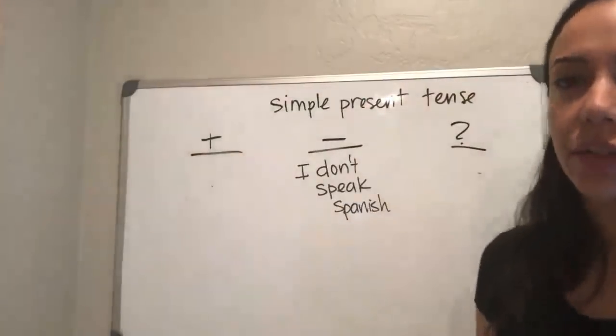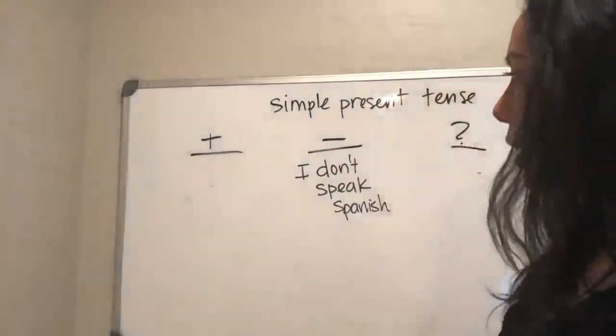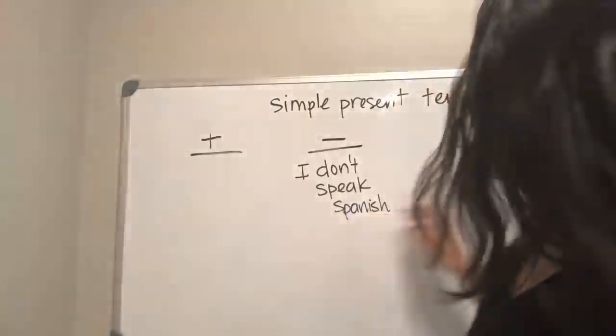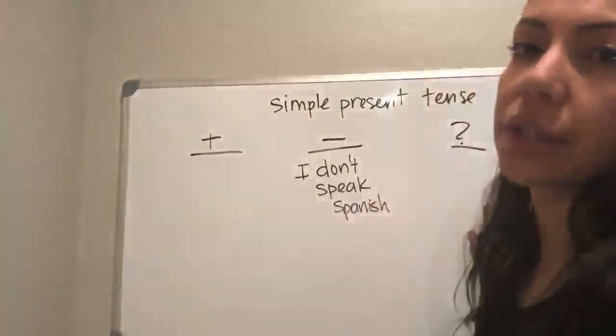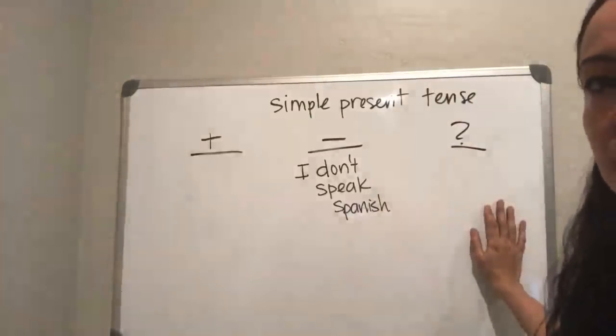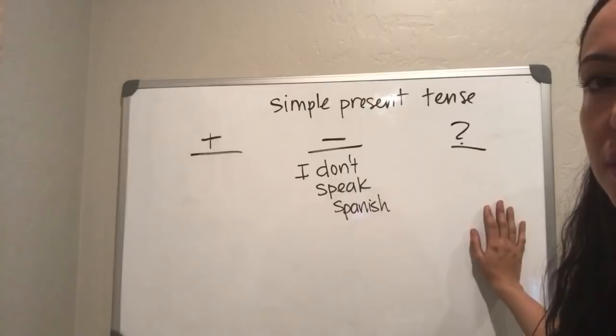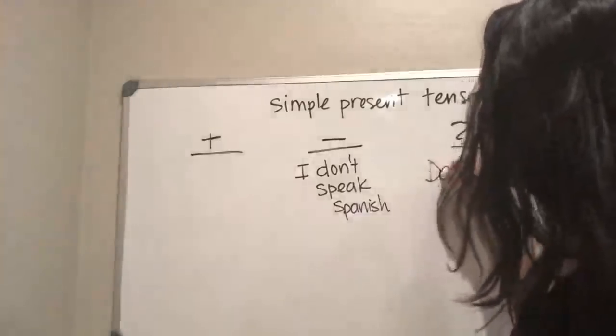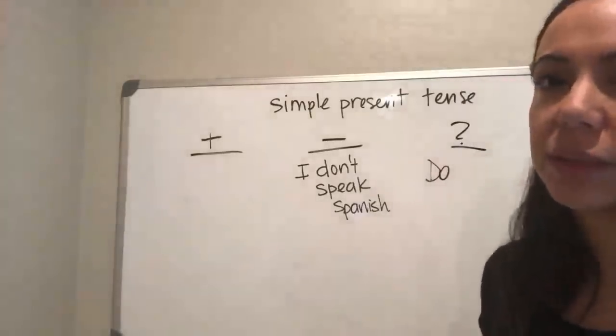You guys can write it in the comments. I don't speak Spanish. So what would you write here and here? I speak Spanish. Do I speak Spanish? I do speak Spanish? Yes, good. You can actually say I do speak Spanish, but in this instance, we're going to start it with do. Do I speak Spanish?